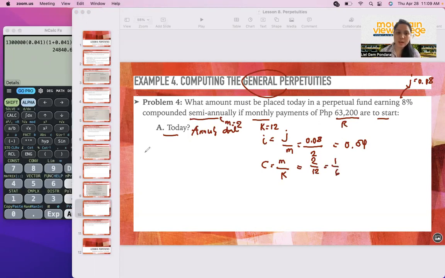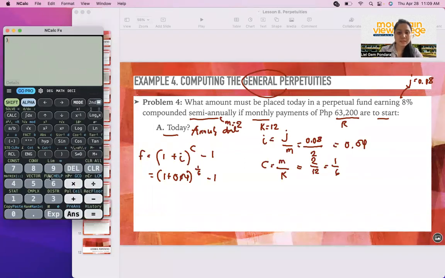After solving for C, we need to solve for F. And remember, F is 1 plus I to the power of C minus 1. So our I is 0.04 to the power of C. It's 1/6 minus 1. Let's use our calculator. 1 plus 0.04 to the power of 1/6 minus 1.